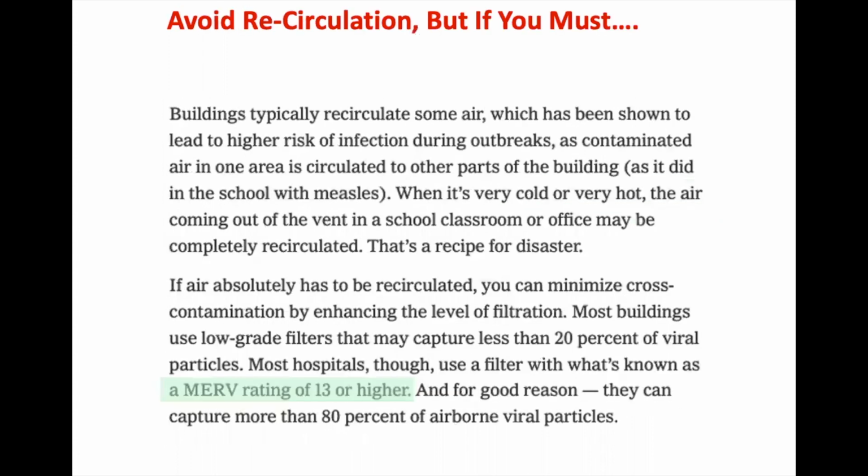And then high filtration. Don't recirculate, provide more ventilation, and use MERV 13 filters. Guess what Passive House requires for Passive House certified ventilation systems? A MERV 13 filter. So it's standard and ready to go.